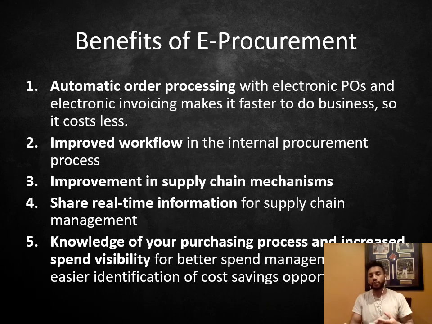Now going to our fourth point, share real-time information for supply chain management. Real-time information, guys, that's extremely important. So real-time information is what's happening at this time, what's really happening. So you get to see exactly what's happening on the second, every single time.